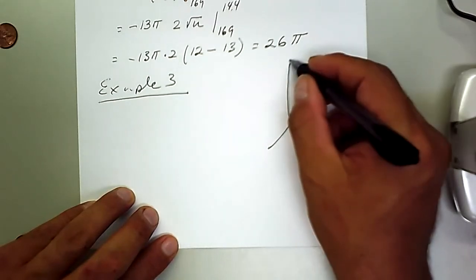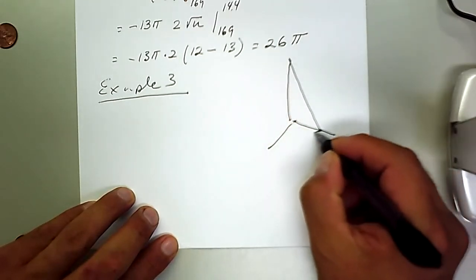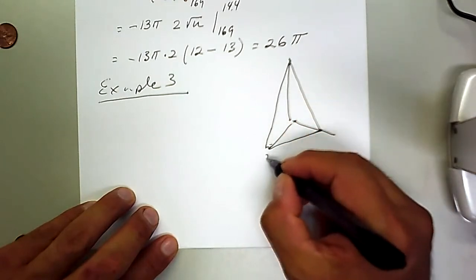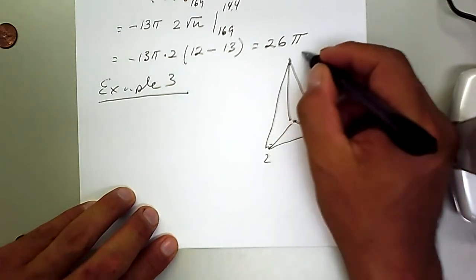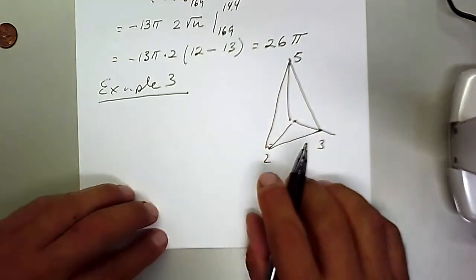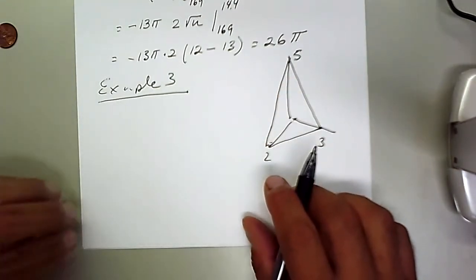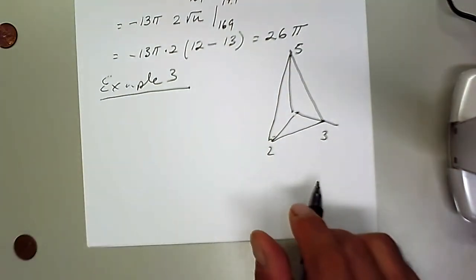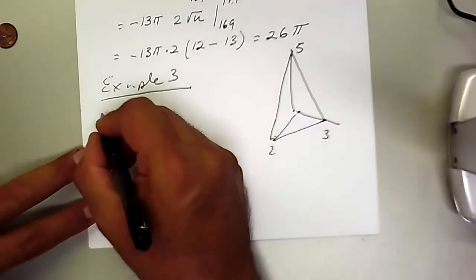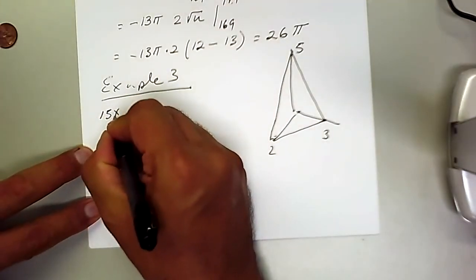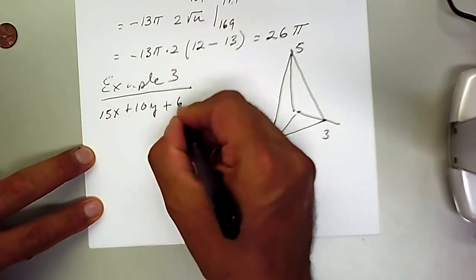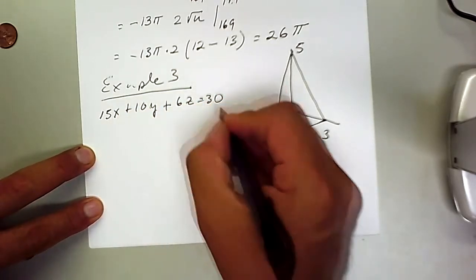So pretend you've got a plane that crosses the x-axis at 2, the y-axis at 3, and the z-axis at 5. So this is a plane not through the origin. I think we've done this before in previous videos. The equation of this plane is 15x plus 10y plus 6z equals 30.